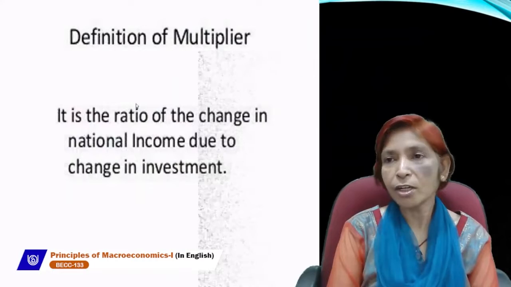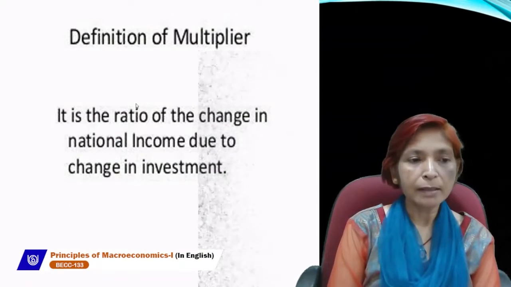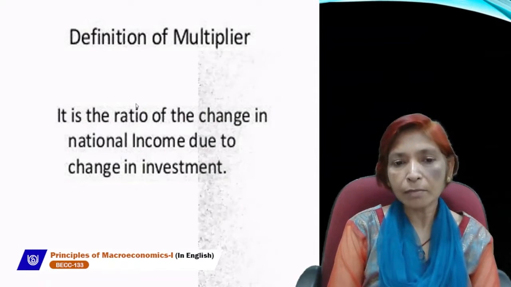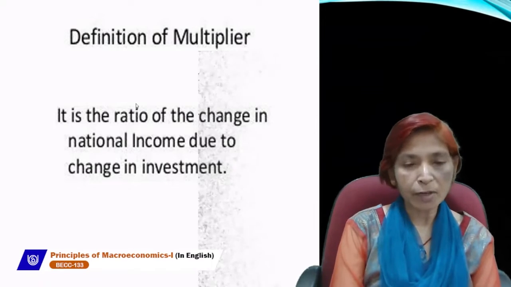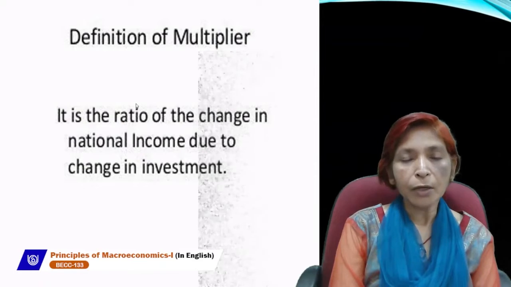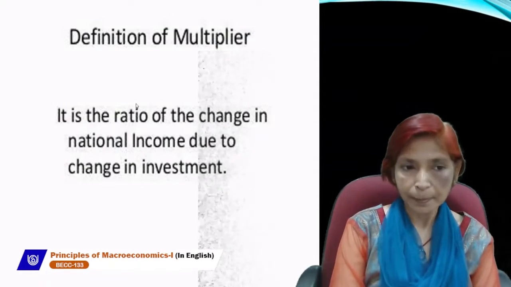Now, what is the definition of multiplier? Multiplier can be defined as the ratio of the change in national income due to the change in investment. If investment increases, then due to the multiplier effect, income will also increase.